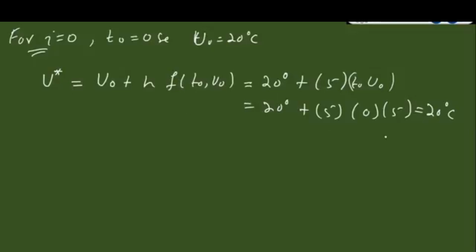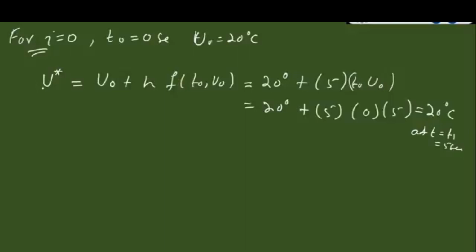We started from t naught, so that solution belongs to t equal to t1, which in this case is 5 seconds. But this is the predicted solution. We have not found the solution at 5 seconds, it is just a prediction.